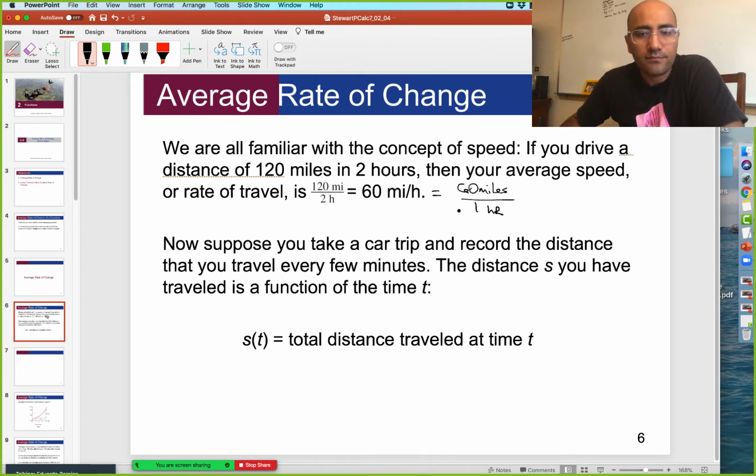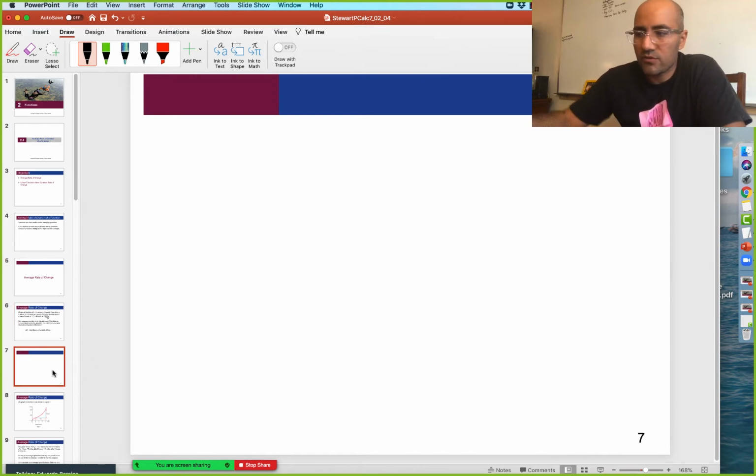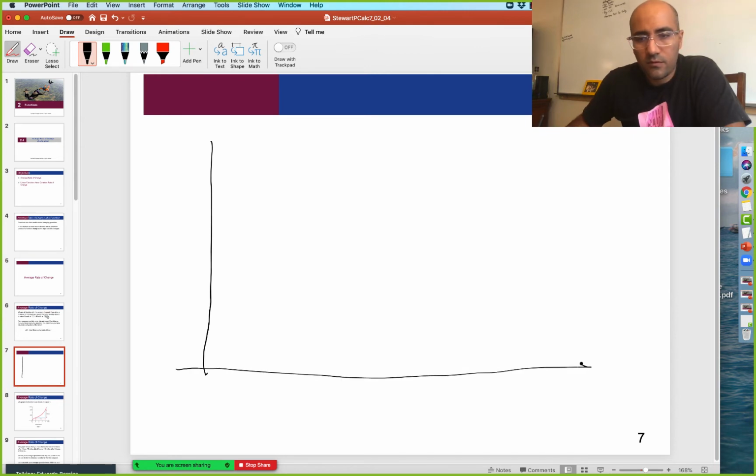Okay, so suppose you take a car trip and record the distance that you travel every few minutes. The distance s that you have traveled is a function of the time t. So, for example, just to give something like this. So we have time going on over here, and we have s of t happening over here.